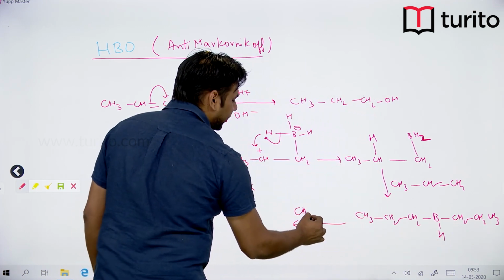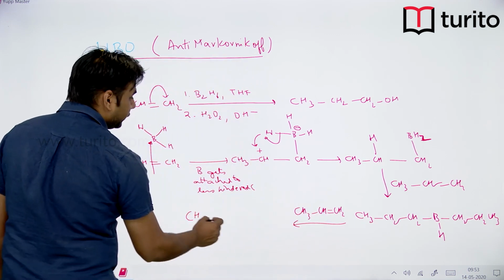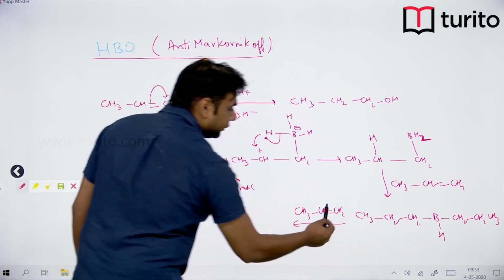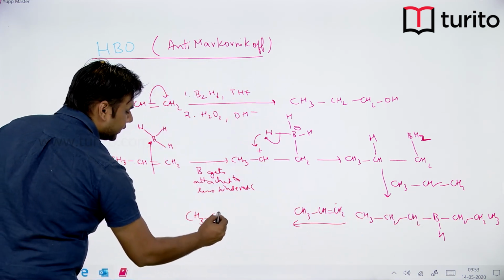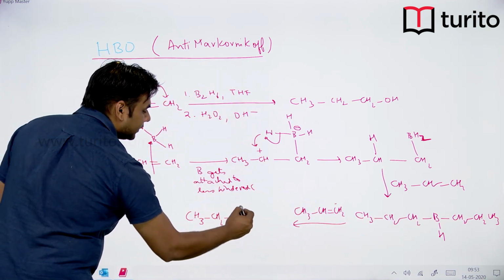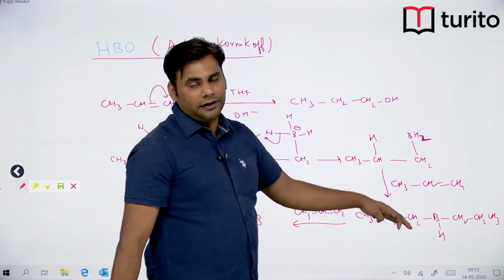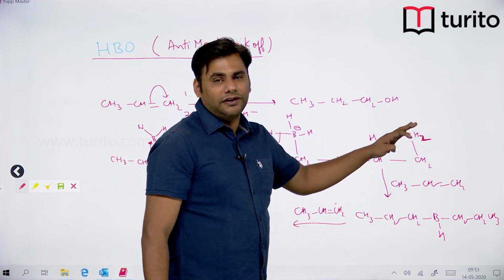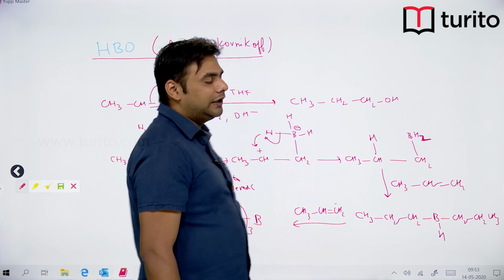Again it will react with an alkene, and because it still has one hydrogen, this hydrogen is delivered to this carbon and boron gets attached to this carbon. So you form this over here. You can clearly see that boron and hydrogen have been attached in the same plane. This is why we say that H and OH are also attached in the same plane, so this is basically syn addition of water.